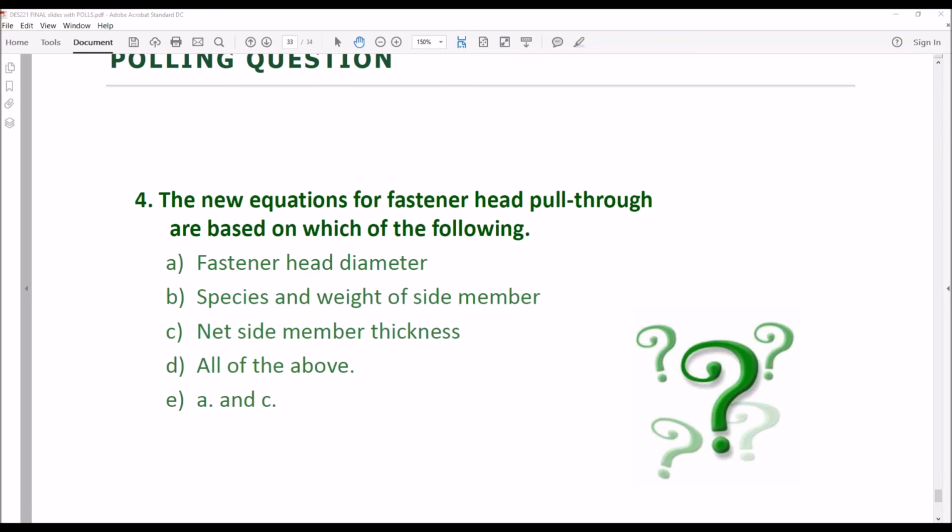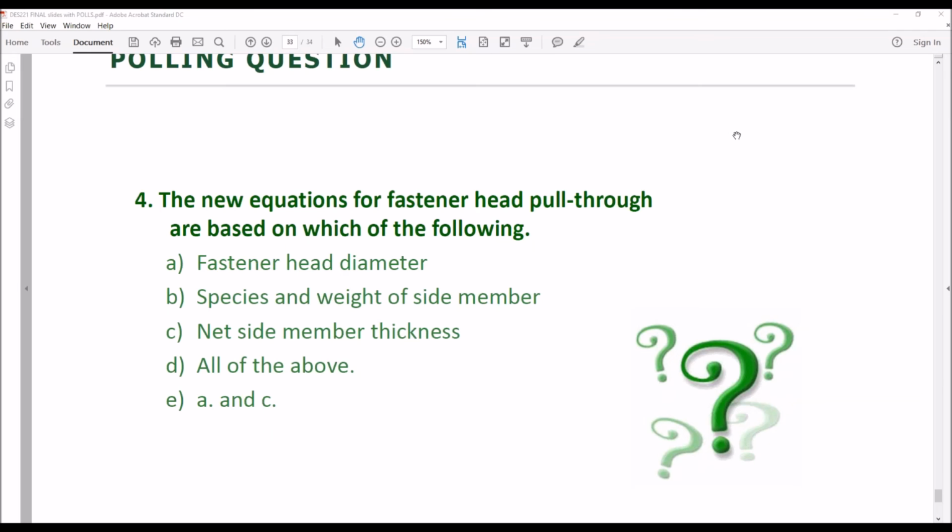When we originally wrote this question, our original intent was the answer to be E, A, and C, because the weight of the species is not specifically included in the equation as a mass or something like that. However, it was pointed out to me that the specific gravity is correlated to the weight, and the specific gravity is dependent upon the species.